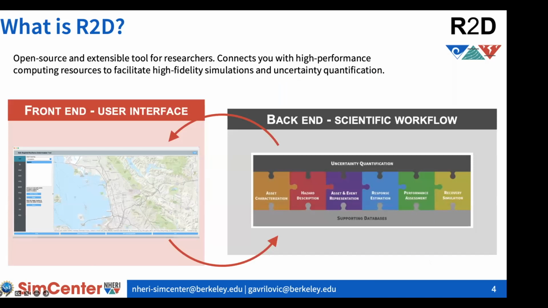So as I mentioned, RTD is open source. It should be extensible, which means you should be able to come in and plug your own code in. Our backend is completely in Python. So it's a very well supported language. And I guess a lot of research is done in Python. And the way it works is we have a front end user interface. So that's what I'm going to show today in a demo. And then the back end is basically code. So the front end will create an input file and that will be fed into the back end.